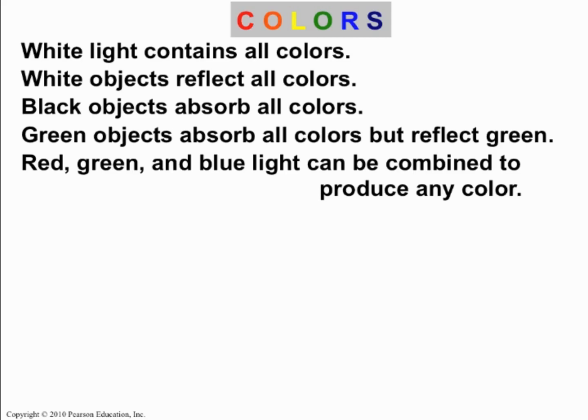Now, you might remember some of the old TVs actually had a red light, a green light, and a blue light in front of them that would project onto a screen. And then actually all computer monitors today, color computer monitors, they use combinations of red, green, and blue.